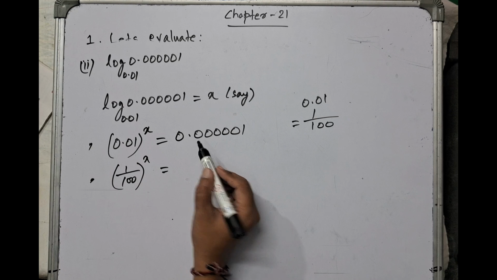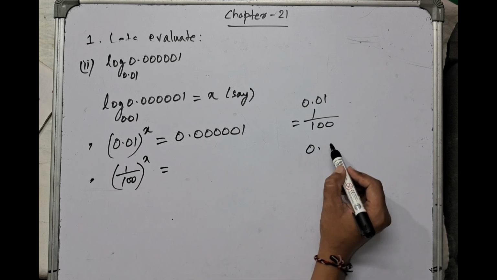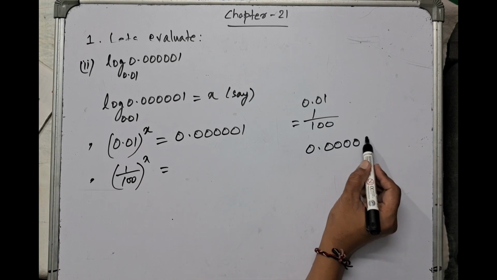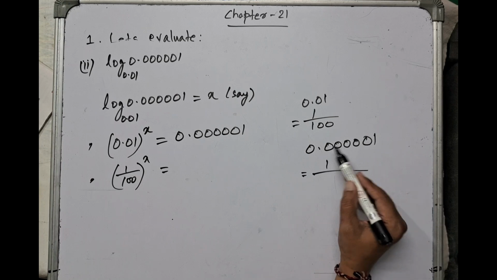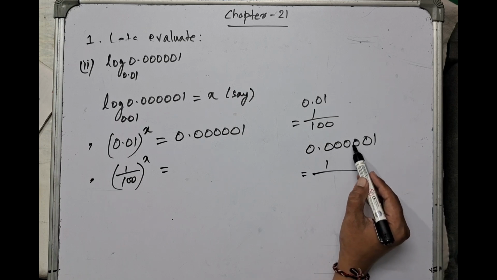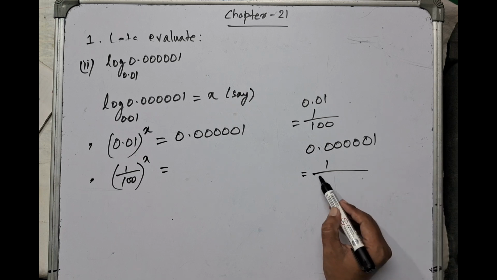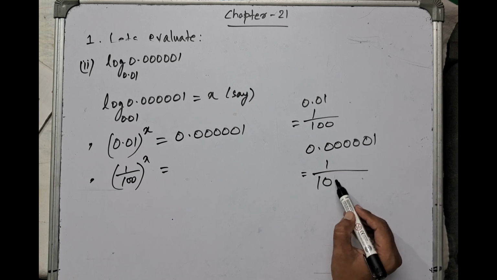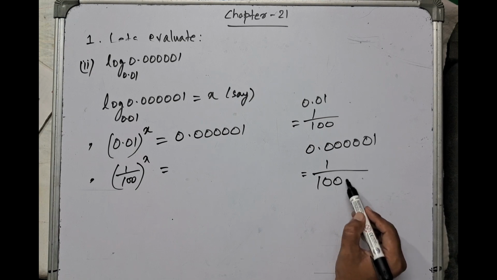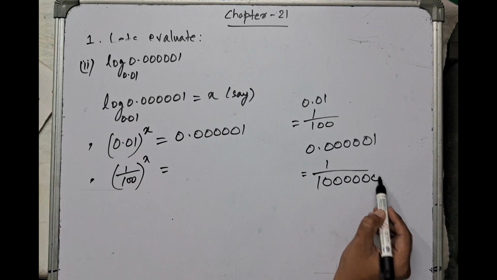Similarly, this number can be written as 0.000001, isn't it? So we have 1 upon, the decimal point is before 6 digits, so we forget the decimal point and write 6 zeros in the denominator. Okay, 1 2 3 4 5 and 6.